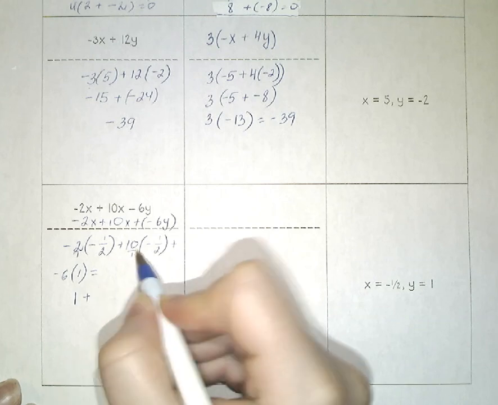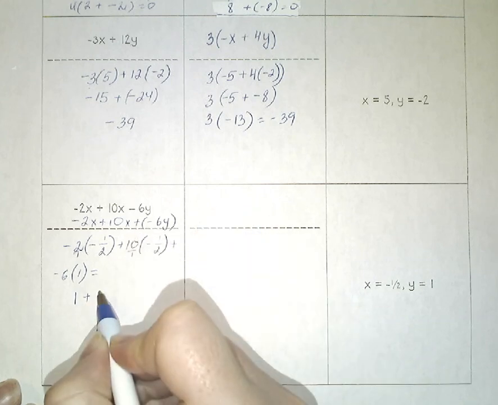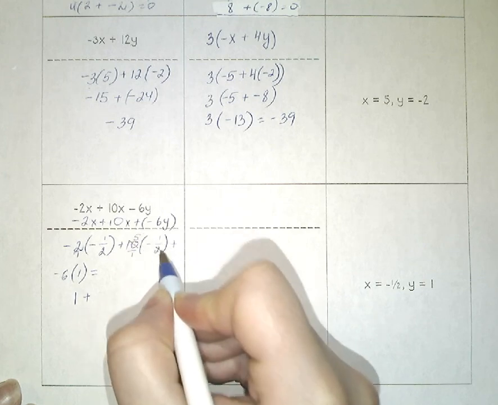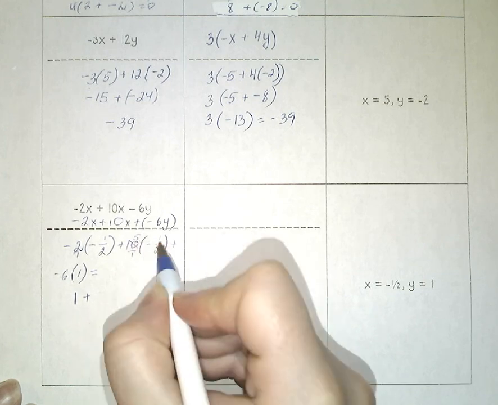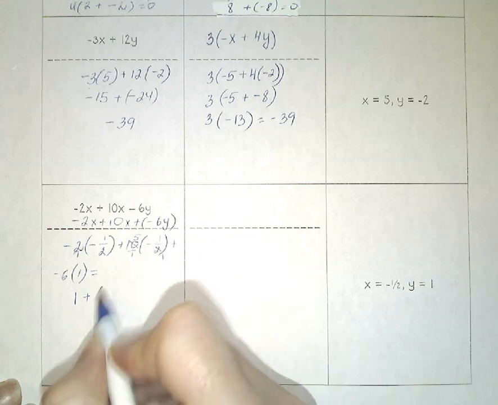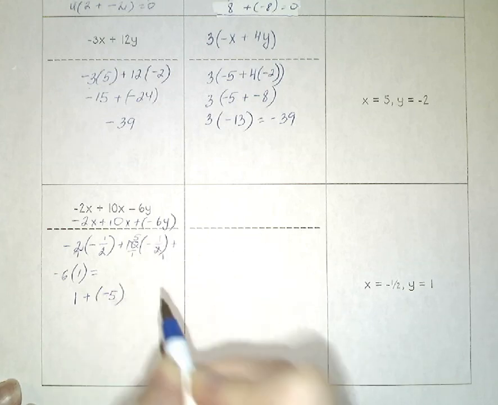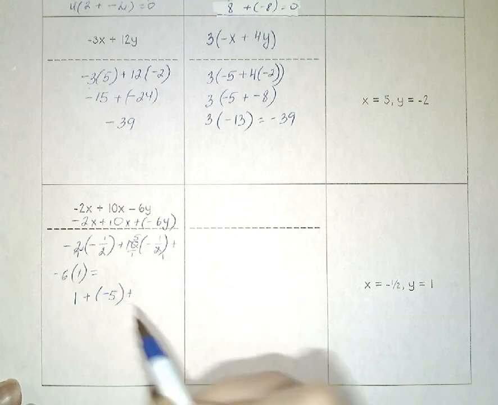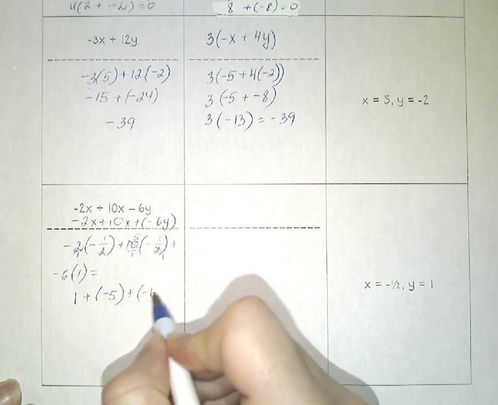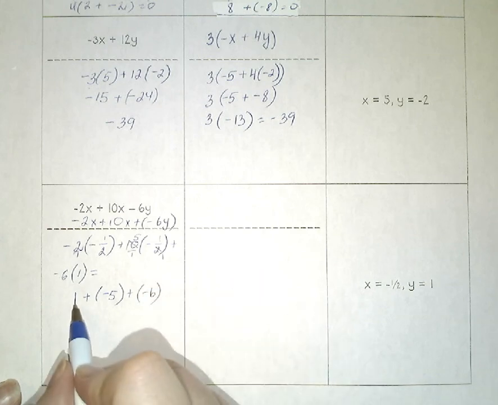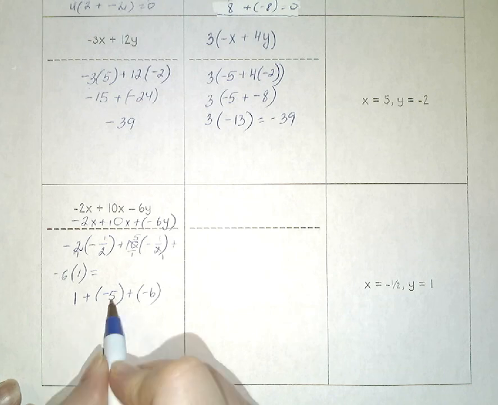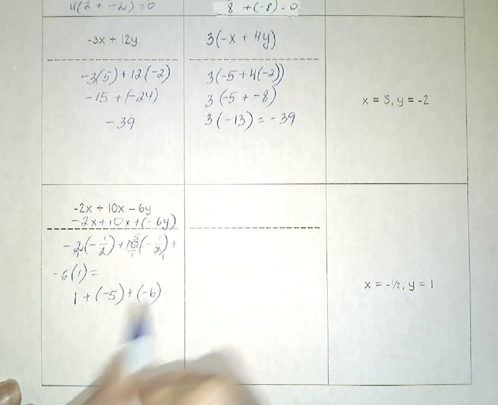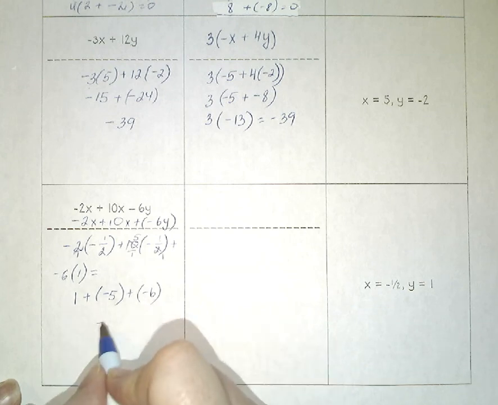So you will have 5, and this will be negative. 5 times negative 1 will give you negative 5, plus negative 6 times 1 is still negative 6. Negative 5 and negative 6 together give us negative 11, and negative 11 plus 1 will give you negative 10.